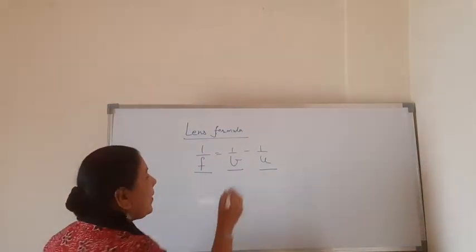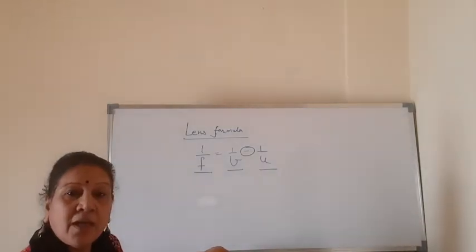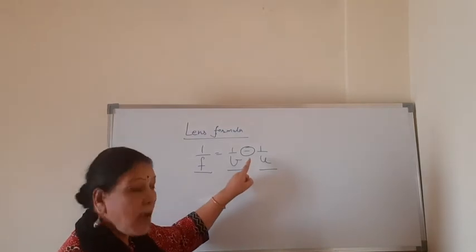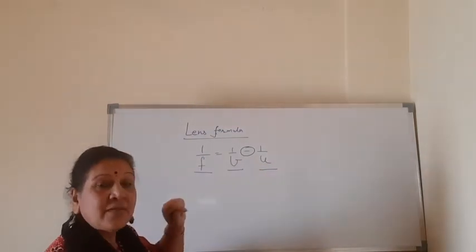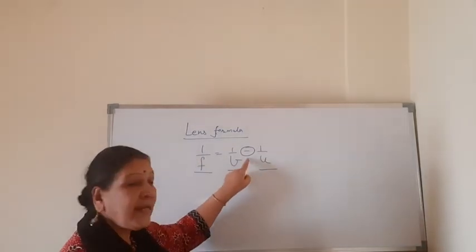If you remember, for the mirror, the sign here was positive. Mirror formula was 1 upon f is equal to 1 upon v plus 1 upon u. Here, for lenses, we have 1 upon f is equal to 1 upon v minus 1 upon u.